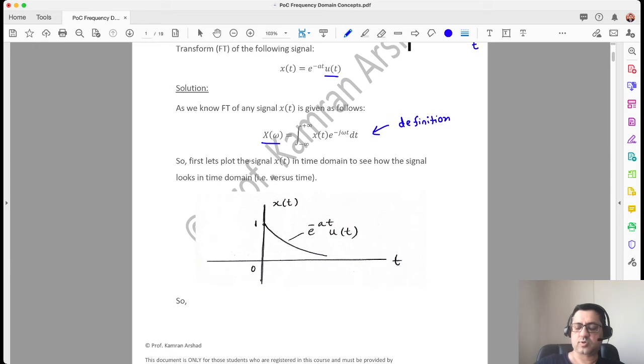So this is how it looks in the time domain. Now we will see how many frequencies there are and how it looks in the frequency domain.